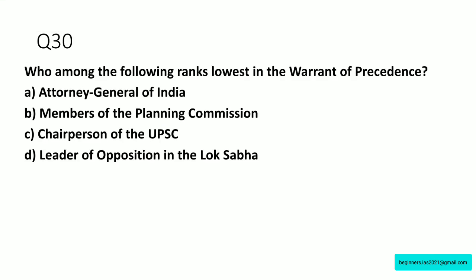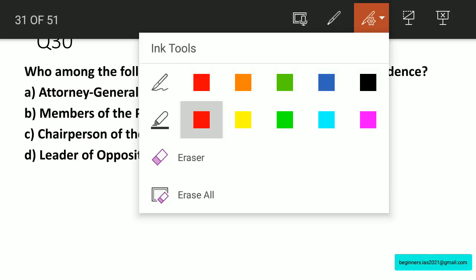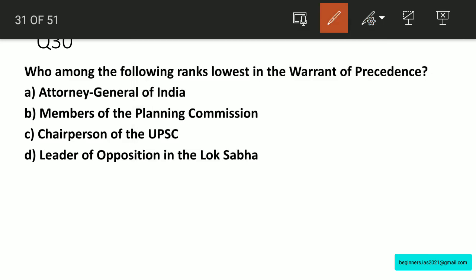Question number 30. Who among the following ranks the lowest in the warrant of precedence? Here, this is quite tricky. If you do not know the precedence order, let us discuss.